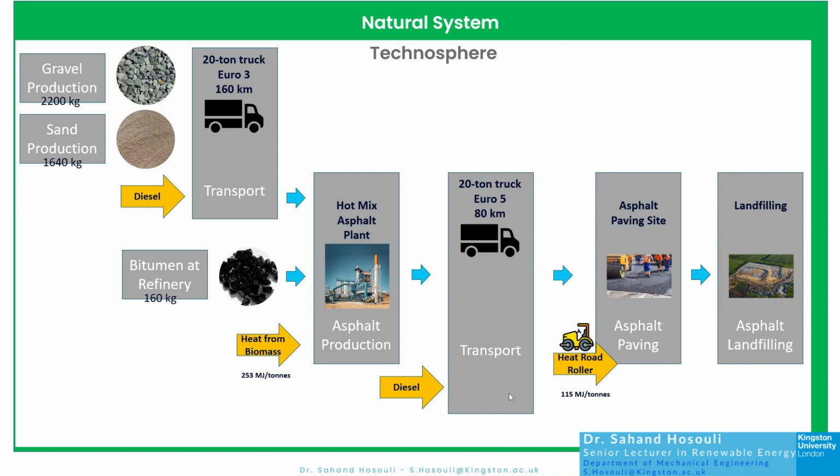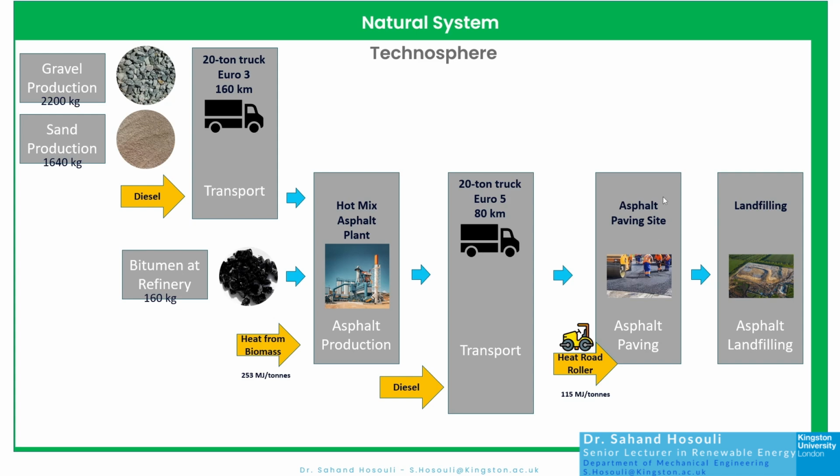Okay, what we have done so far, we have basically modeled everything up to this point, up to, let's say, the gate of the hot mix asphalt plant, and now we are moving the produced asphalt by using a truck to our asphalt paving site.